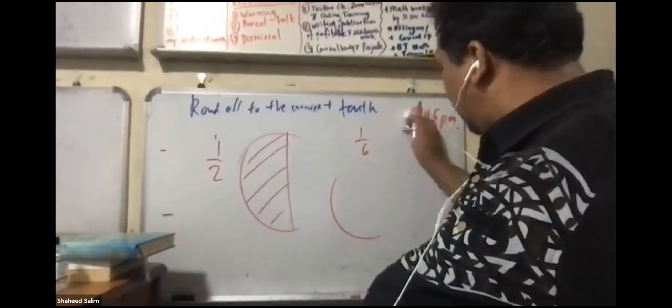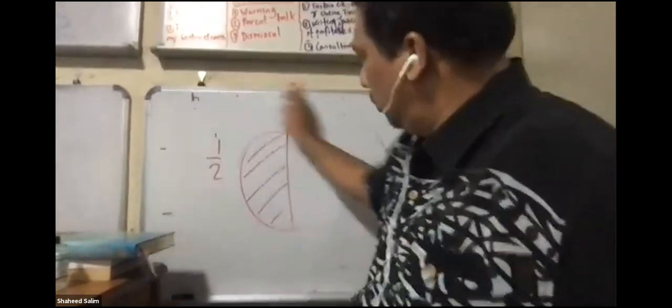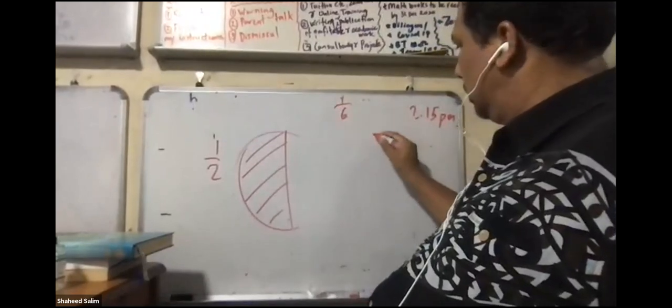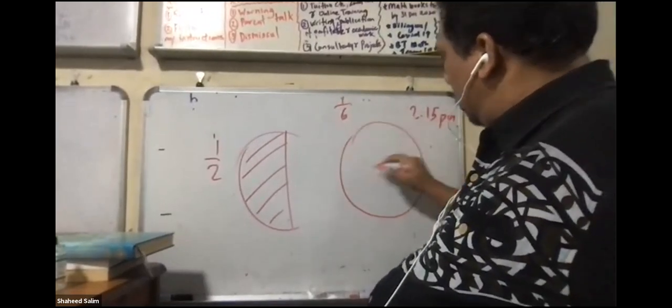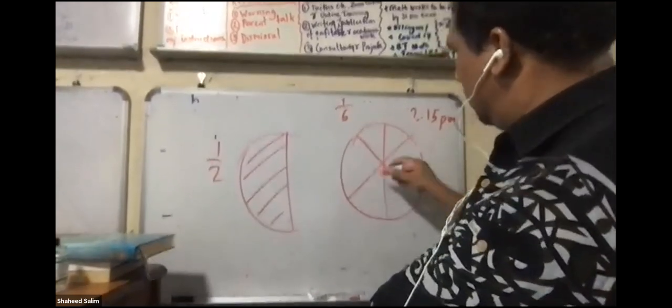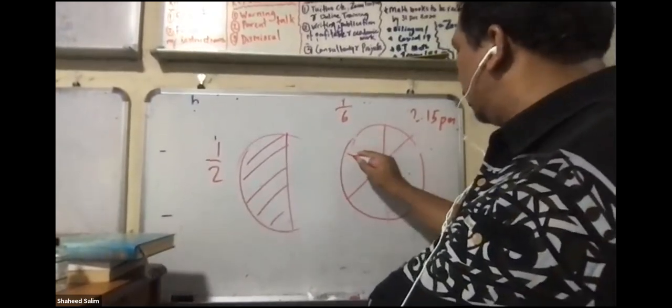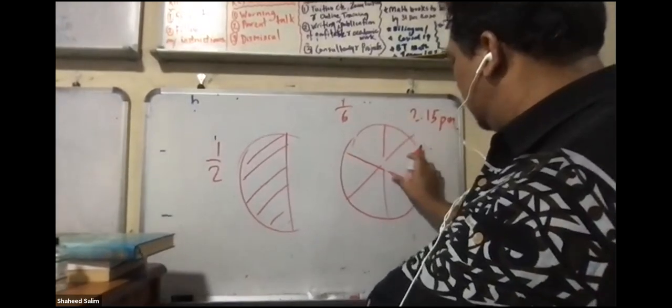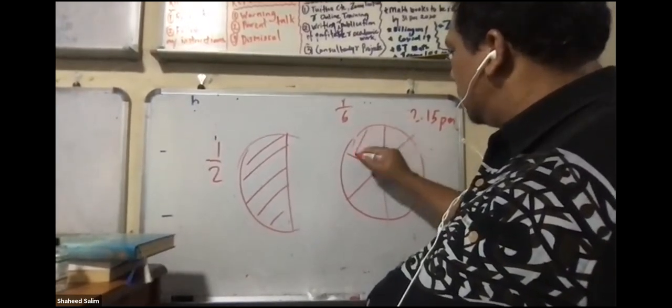Let's say we take the same size, 1/6. You put 1/6 here. Imagine I draw it properly. It's less down here only.